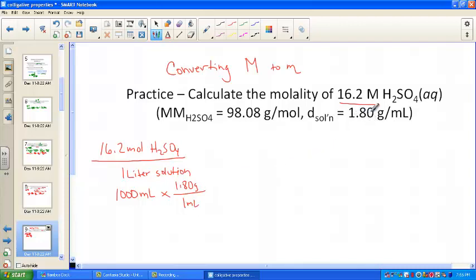That's my conversion, 1.80 grams for every mL of solution. So a liter of solution, how much would it weigh? Well, 1,000 times 1.8 grams is 1,800, I just slide the decimal, correct? So 1,800 grams of solution.